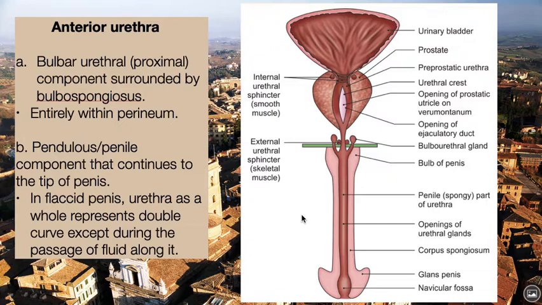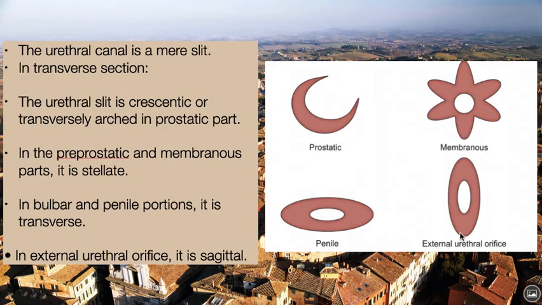In the flaccid penis, the urethra as a whole represents a double curve. Except during its passage of fluid, the urethral canal is a mere slit.